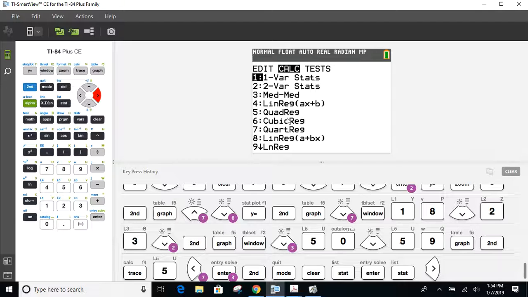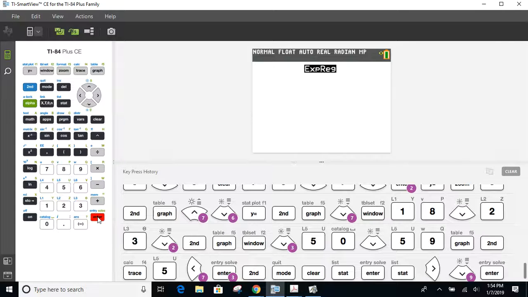These are all the different regressions that we could have the calculator do. I do not see exponential here because there's more options down below. Now do you see exponential? EXP? Everyone see EXP there? That's exponential regression.